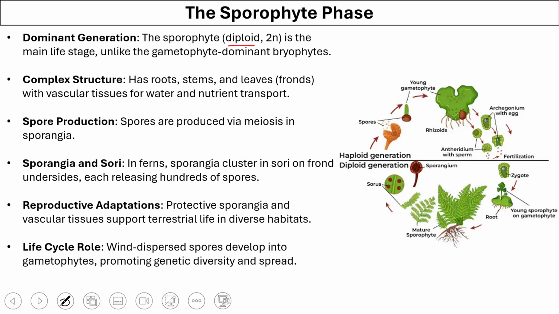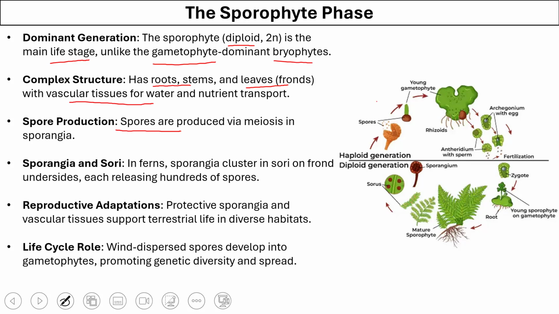The sporophyte is the diploid structure which is the main stage of Pteridophyta, and the gametophyte phase is dominant in Bryophyta, as we have learned before. The sporophytes have a shoot system, root system, and leaves, and they have well-developed vasculature. They produce spores by the process of meiosis.